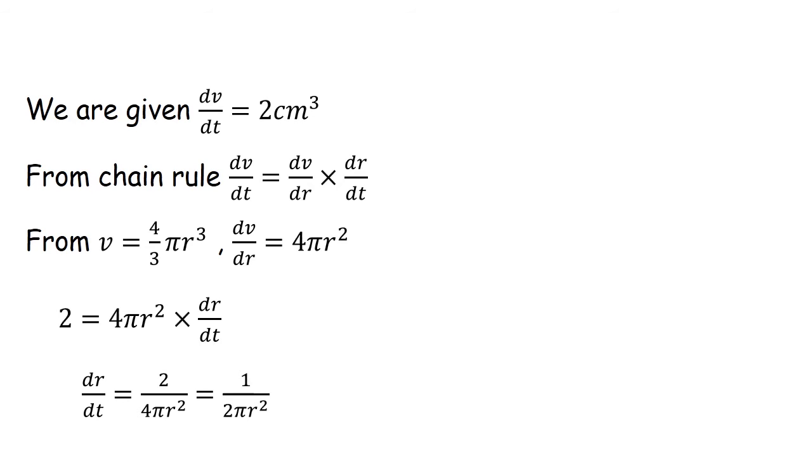Then we remain with dr/dt equaling 2 over 4 pi r squared. So this one as well cancels out. By 2 is 1, by 2 is 2. So we remain with 1 over 2 pi r squared. So here our dr/dt would be 1 over 2 pi r squared.